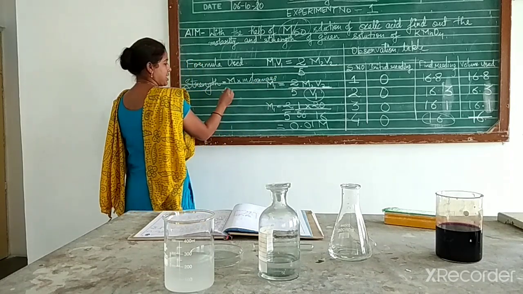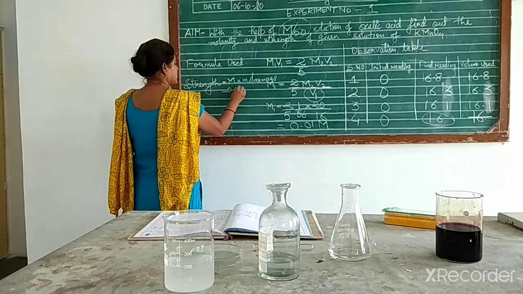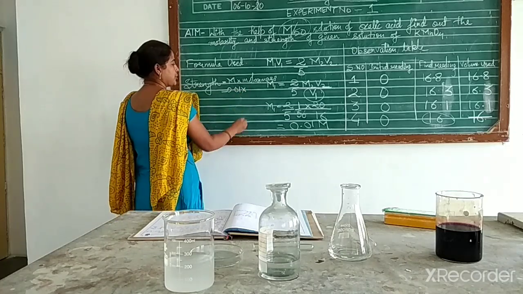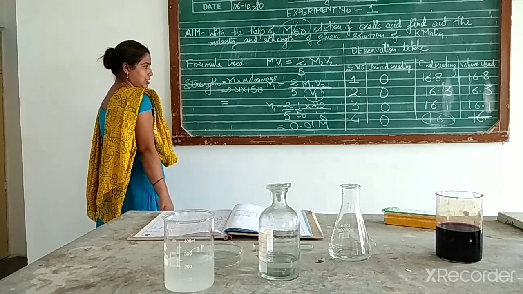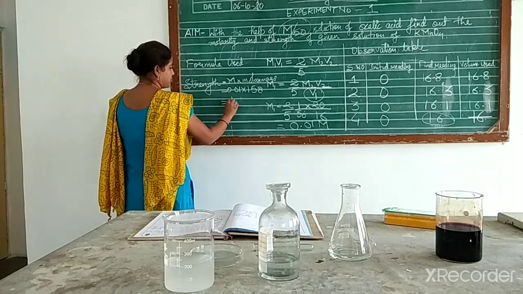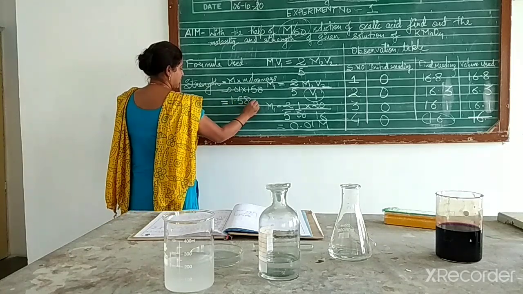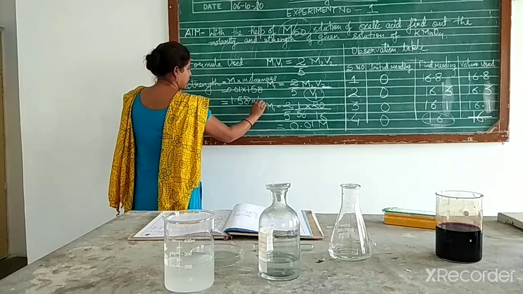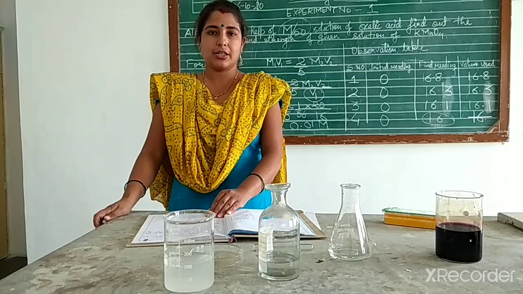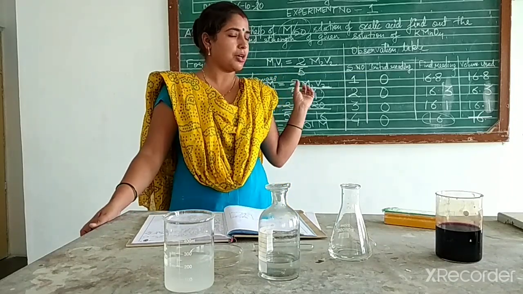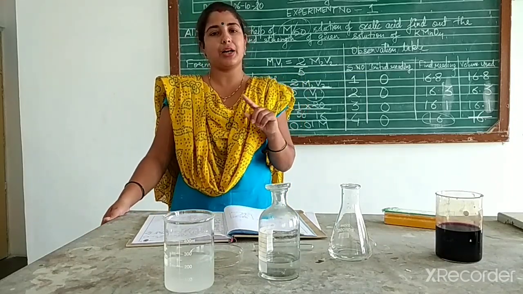Molarity of potassium permanganate is 0.01, and the molar mass of potassium permanganate is 158. So the strength comes out to be 1.58 gram per liter.